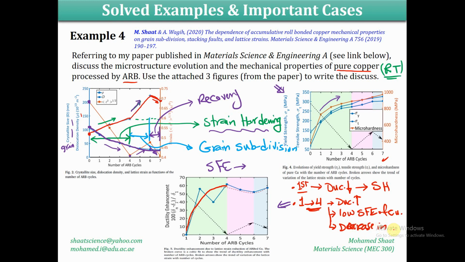in the lattice strain. As we explained over this figure, the lattice strain keeps on decreasing within the first four cycles. This decrease indicates a relief of the residual stresses inside the material microstructure, and it also indicates that despite the increase in dislocations, the overlapping between these dislocations will start to be relieved.